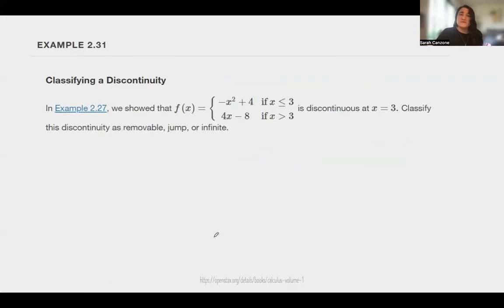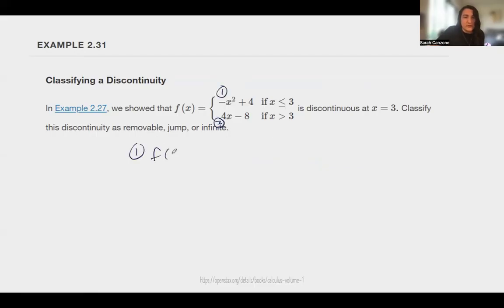All right, here we see a piecewise function. With a piecewise function, you can have kind of any of them. Most likely you're going to have a jump discontinuity, but we just want to confirm that. This, again, is the same function that we had earlier, and we're trying to classify it. So what we determined earlier is we said this is function 1, maybe this is function 2.